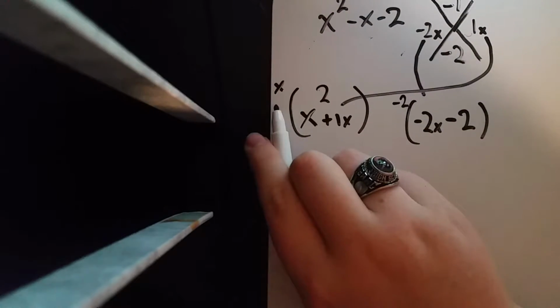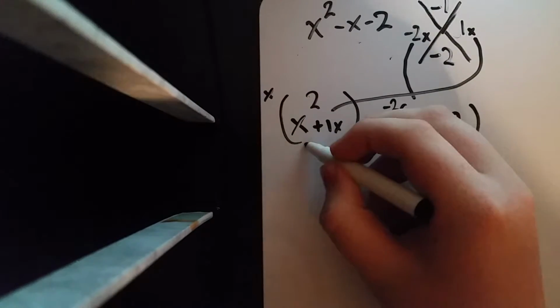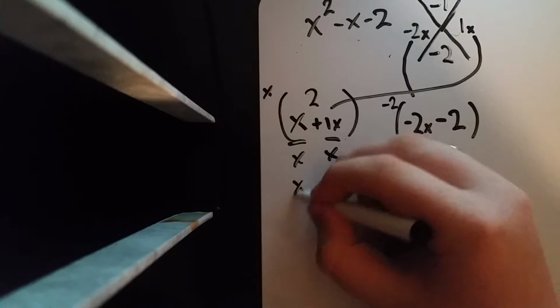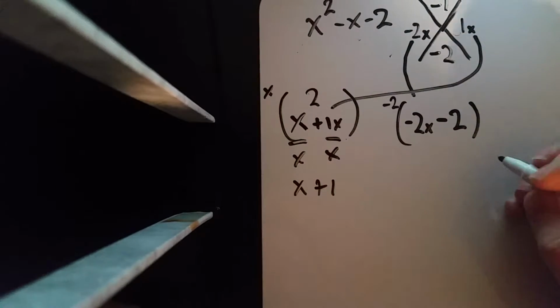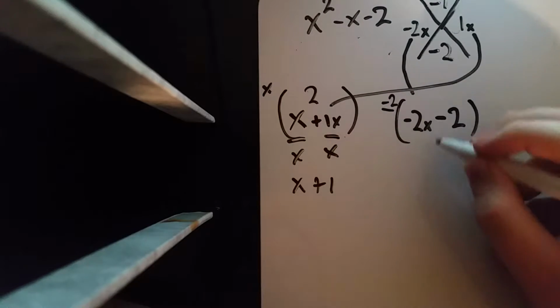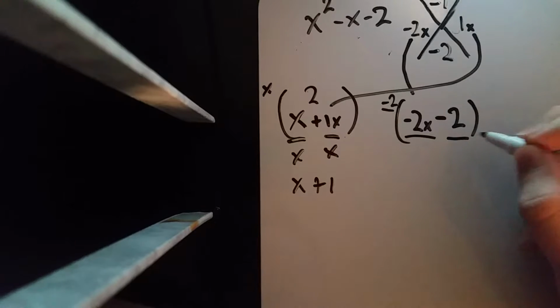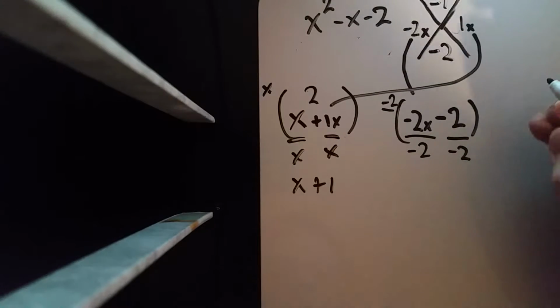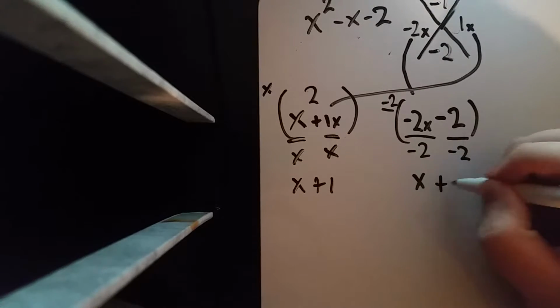Now, since our greatest common factor is x, we're going to divide both of these terms by x. So we'll get x plus 1. And then, same with over here, we're going to take our number here and divide both terms by that number. And then we get x plus 1.